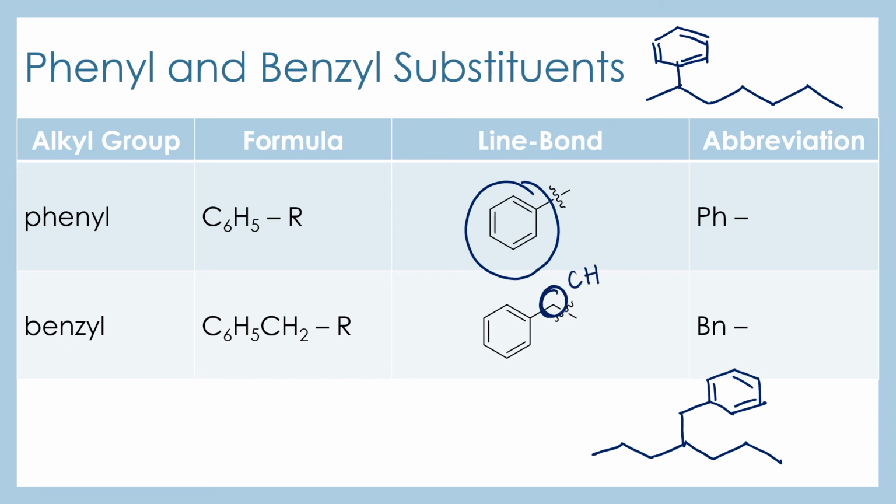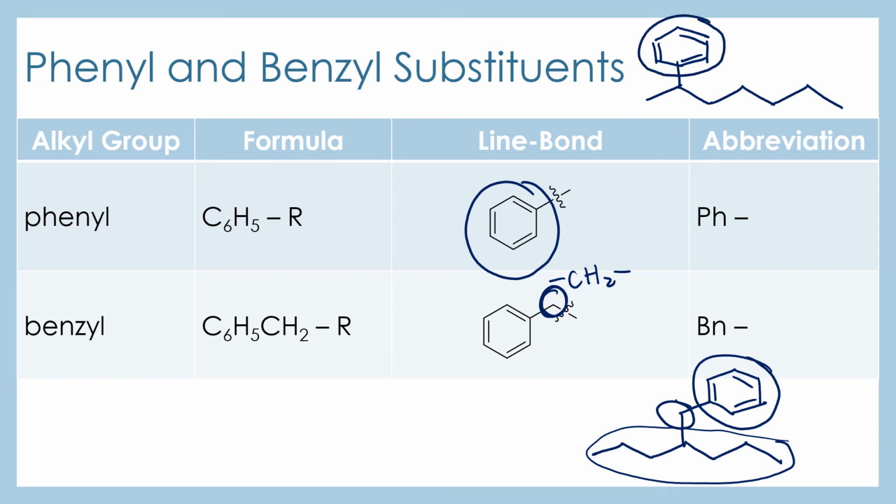That is a CH2 group separating the benzene from the rest of the molecule. So we have our heptane, we have CH2, and then we have benzene. So that's the difference between benzyl and phenyl. Notice that phenyl is directly attached to the alkane. There is no CH2 group in between.